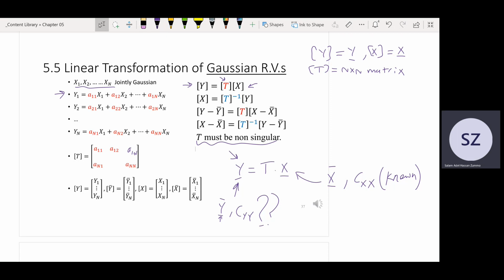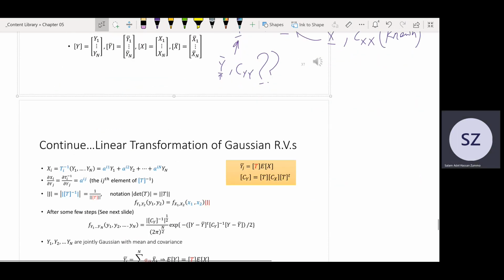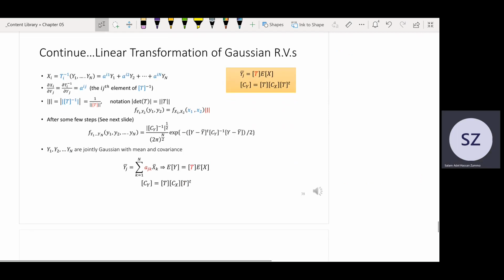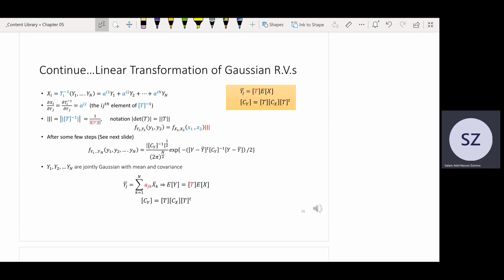Again, we are interested in the average of Y and the covariance of Y. There is a lot of explanation here; I will not go through it, you can go through it. What I'm interested in is the following.